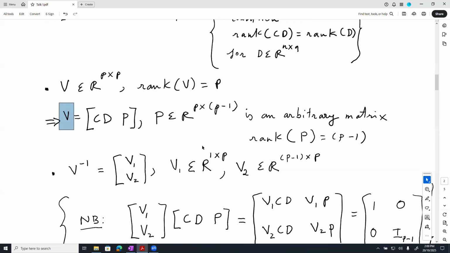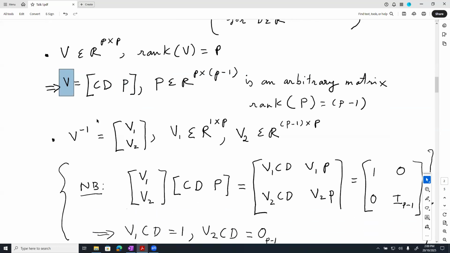If V is invertible, they further define the inverse of V, and they call it V1, V2, where V1 is just a row matrix, and V2 is of dimension P minus 1 by P. So we stack V1, V2 together.